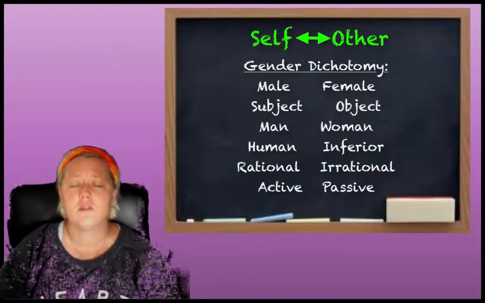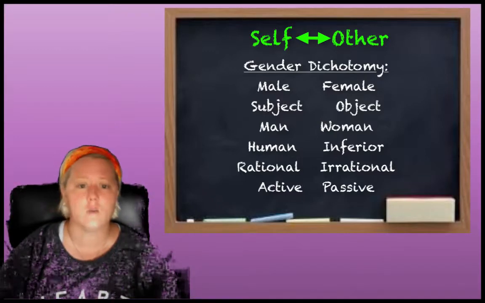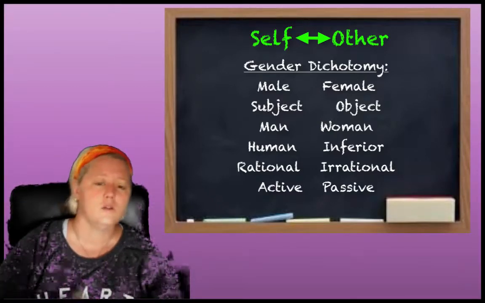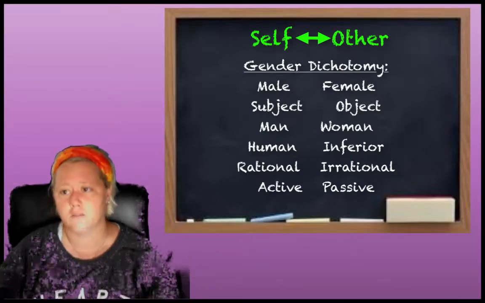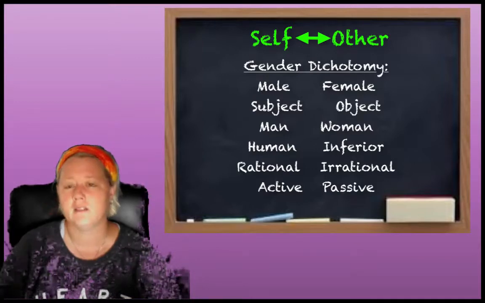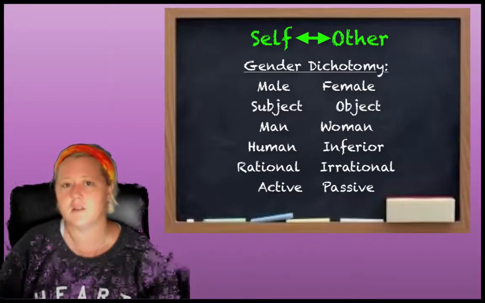So even the most sympathetic of men who on the one hand want to admit that women ought to be treated equally will turn around and have some kind of essentialist claim as to why women in fact aren't the same as men.